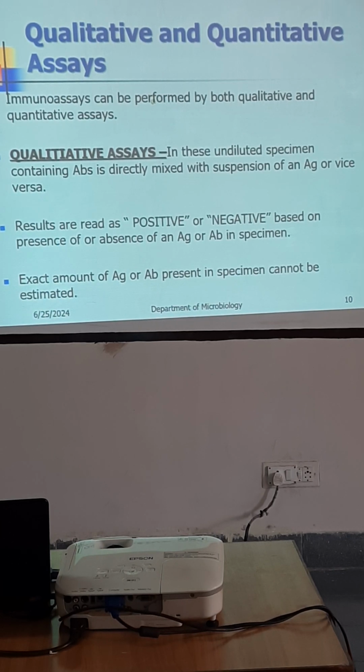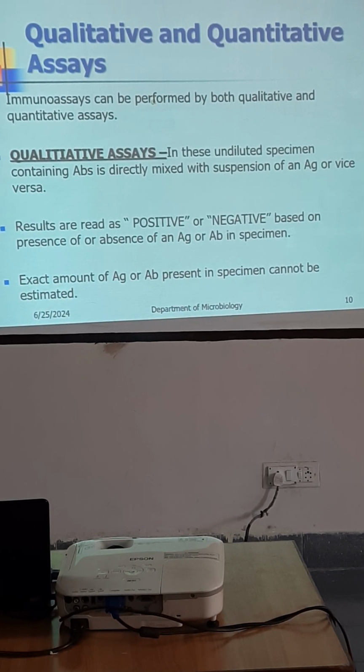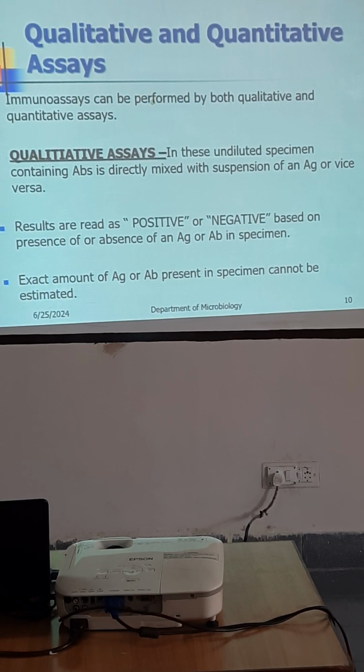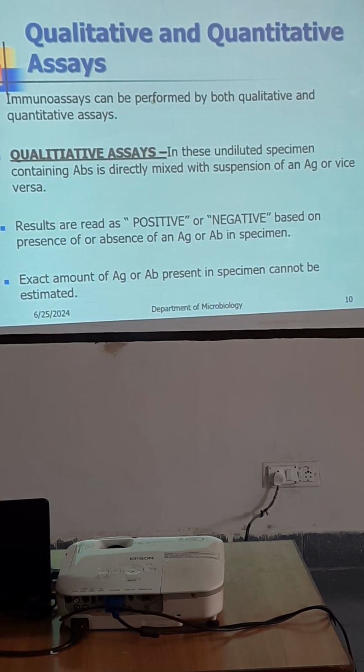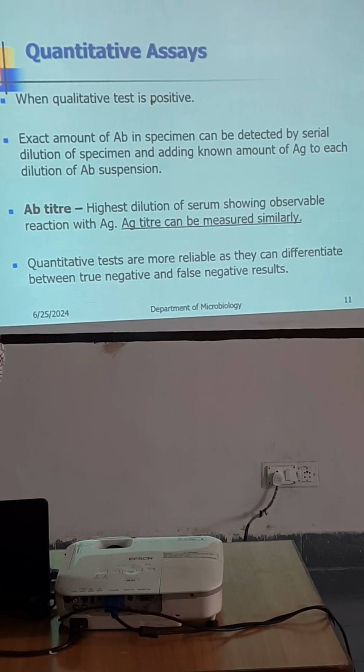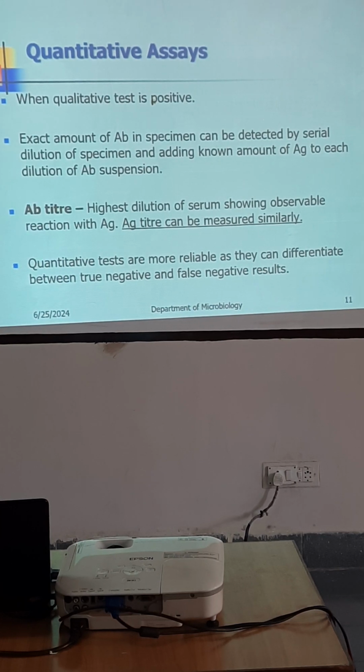So this is based on the presence or absence of either the antigen or the antibody you are detecting in the particular specimen. The exact amount of the antigen or antibody in the specimen is not known or estimated in qualitative assays.